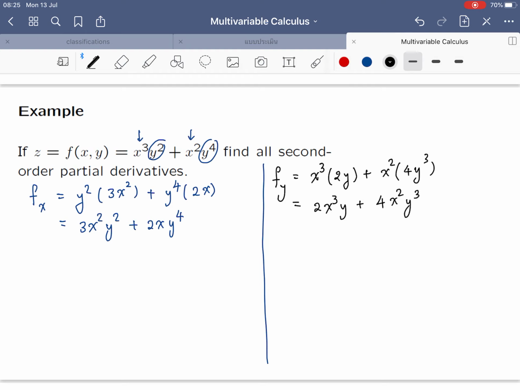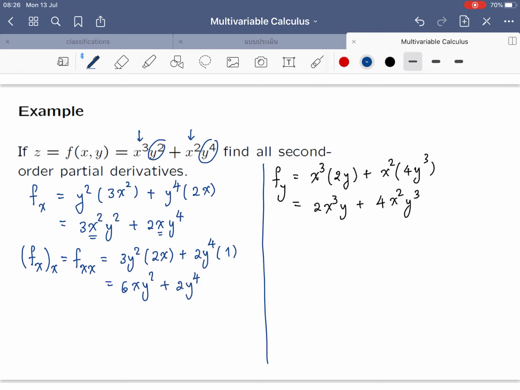If you continue finding a derivative one more time with respect to x, your f sub xx, again the 3y squared is a constant, so the derivative of x squared gives 2x. The 2y to the fourth is a constant, and the derivative of x is 1, so you have 6x y squared plus 2y to the fourth.